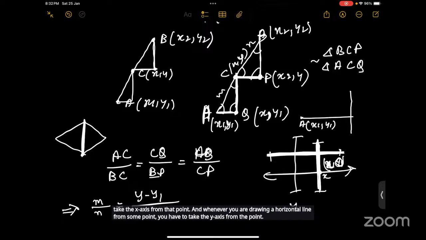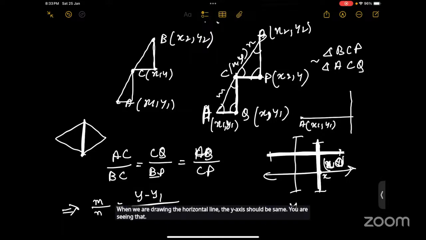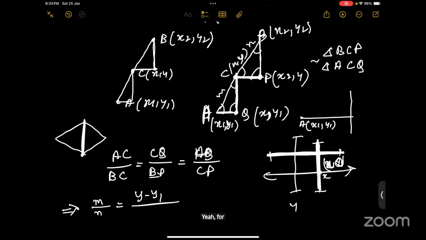Ma'am, when we are drawing that horizontal line, the y-axis should be the same? Yeah, for a horizontal line, the y coordinate will be the same throughout the line. And for the vertical line, the x coordinate should be the same. That is simpler, I guess.